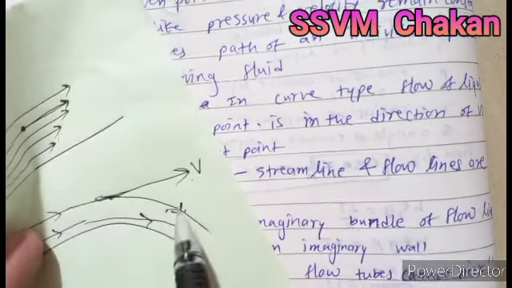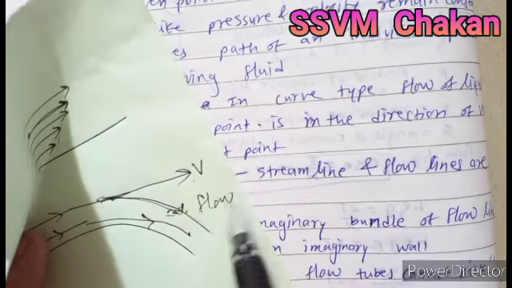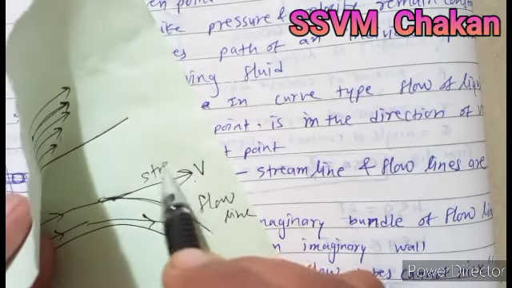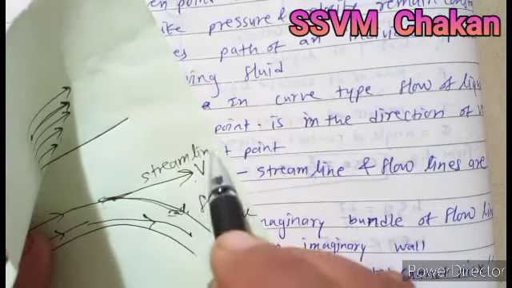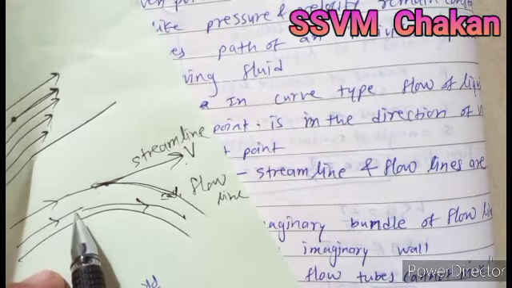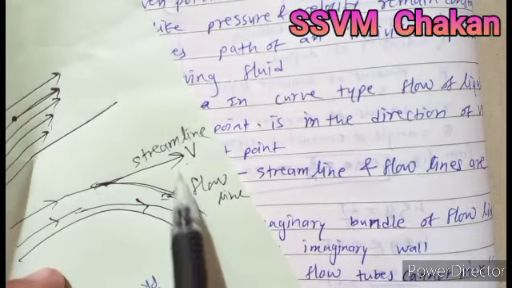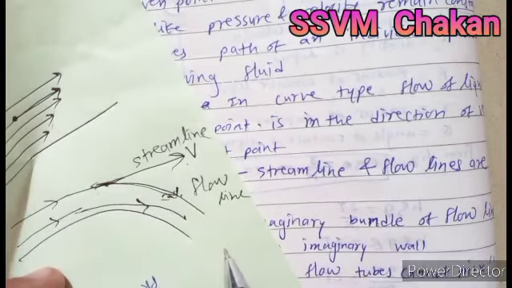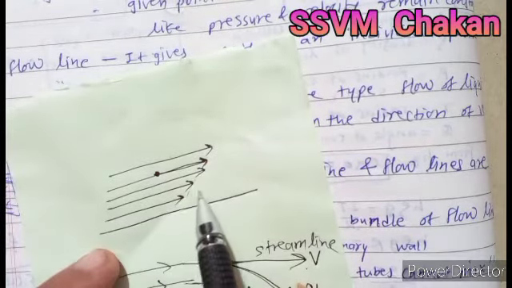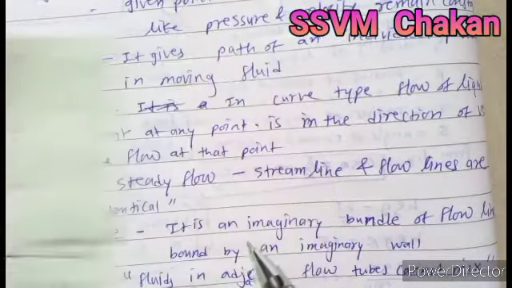They are different. So when the moving fluid takes a curved path, then flow line and streamline are different. But when the liquid is flowing with a steady path in one direction, then streamline and flow line are the same.